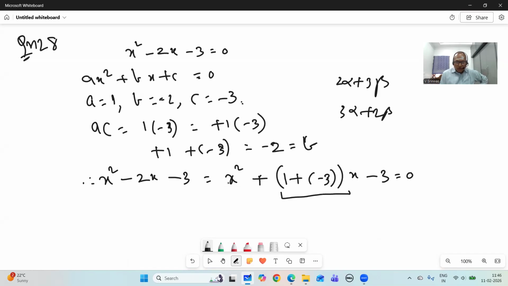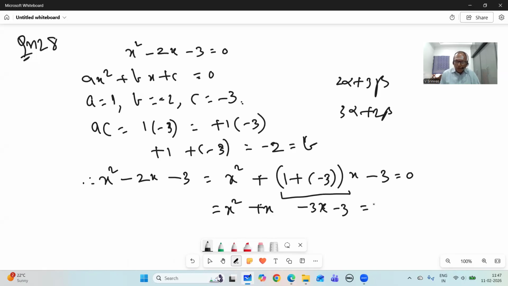So this becomes x square plus 1 into x is plus x, and then plus into minus 3 is minus 3x, and then minus 3.